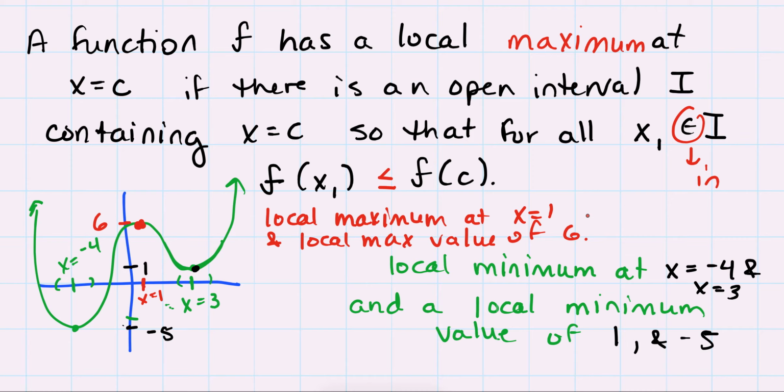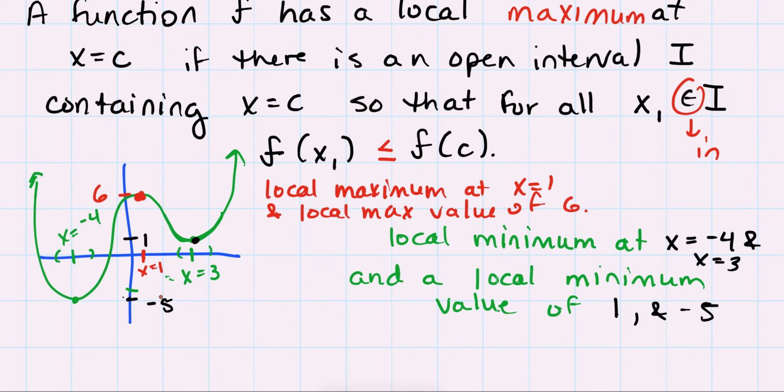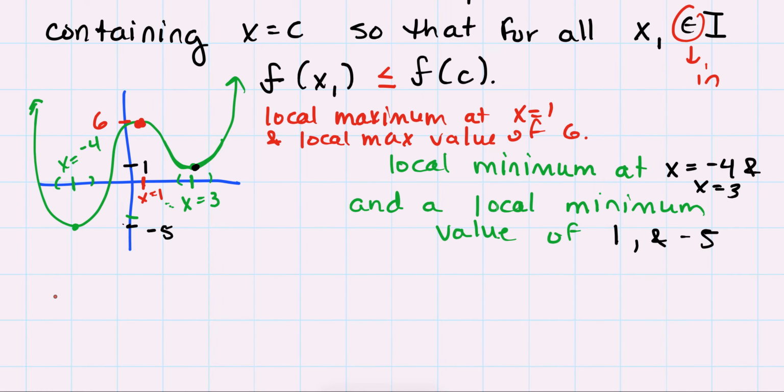Local minimums are valleys in a graph, and maximums are hills in a graph. So here I have a hill, it's the top of the hill. So we have an x value and a y value. Valley, we have a bottom of a valley, we have an x value and a y value, okay? We're going to look at more examples. So here I'm going to put that down. Hills correspond to maximums. Plural, more than one maximum, is maxima.